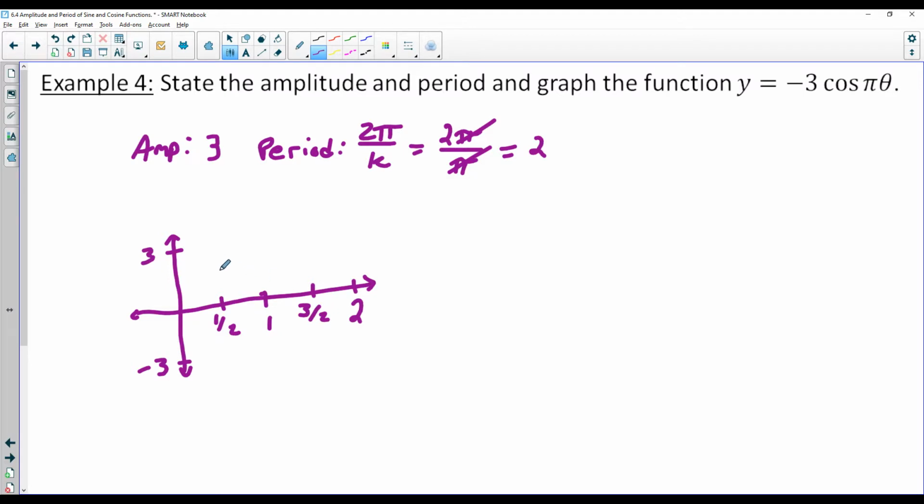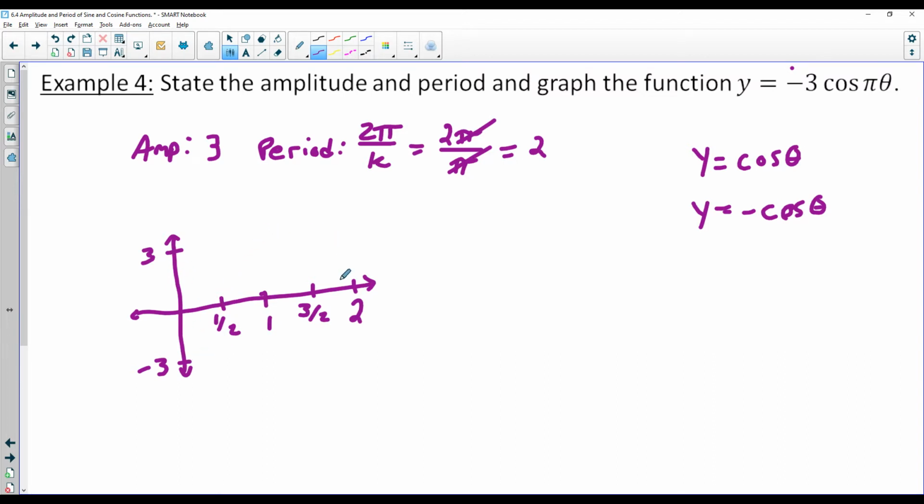One thing to note here is we had -3, right? So let's just think of y equals cosine of theta, and let's compare that to y equals negative cosine of theta. All right, so positive cosine of theta, cosine of 0 would start up at 1, right? Which in this case is 3. But if we slapped a negative out front, then it would simply be -1.